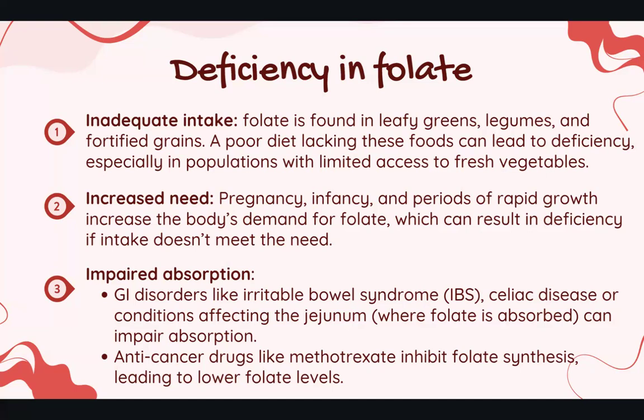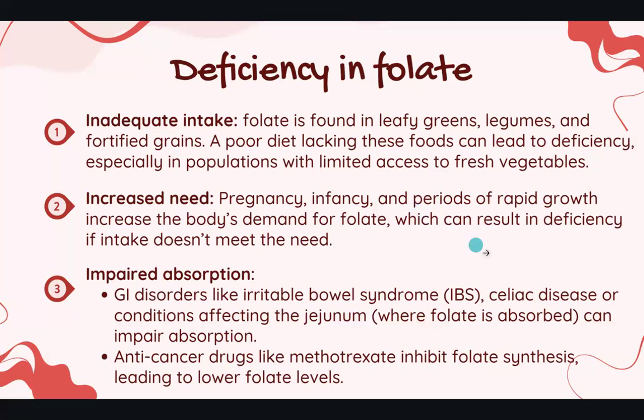So if the jejunum is under constant inflammation, like we would see in IBS, irritable bowel syndrome, it would not be able to absorb folate, and therefore it would result in a deficiency. Because the epithelium of the GI tract is inflamed, you would not be able to absorb it, and this is why you would have a deficiency in folate.